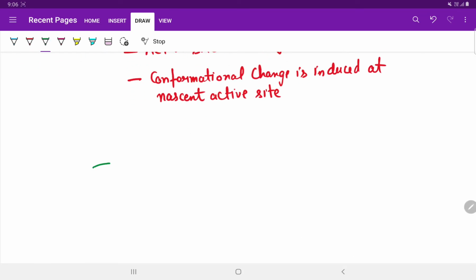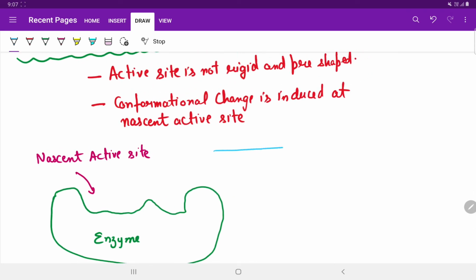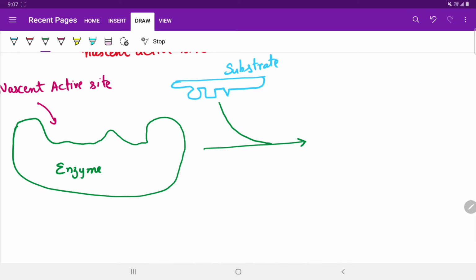Let us consider that this is an enzyme where this is a nascent active site, and in presence of a particular substrate, a conformational change is induced at this active site that leads to binding of both the substrate and enzyme, and there is a change in the structure of the active site.